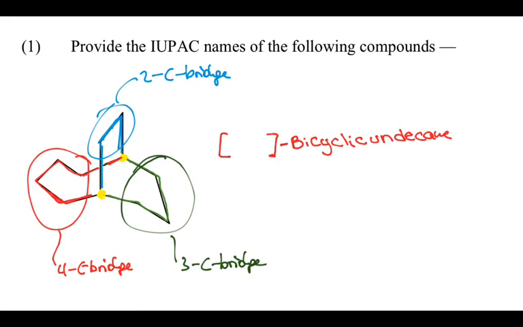So 4 is the largest bridge. Then you put a dot instead of a comma. 4, 3, 2. That's what it is. It's a 4.3.2 bicycloundecane.